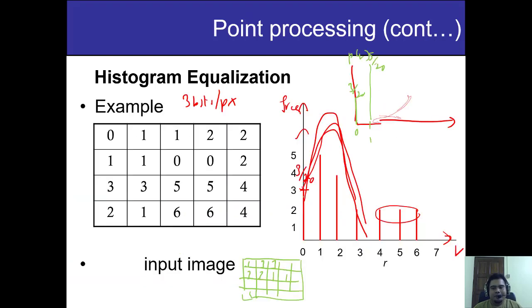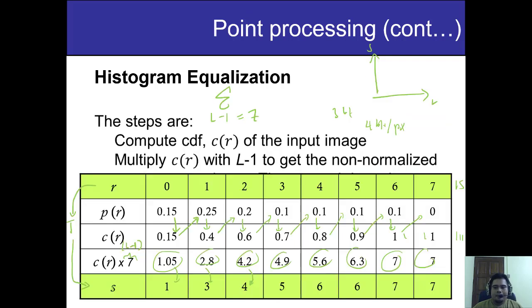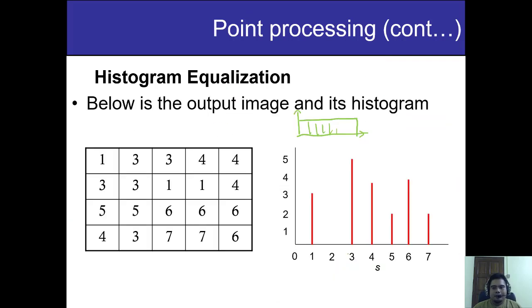The input image only occupies this side, which is the dark region, but now it covers a very wide range, meaning it occupies almost all intensity values of this 3-bit image. So this is how we compute histogram equalization by hand calculation. I hope you can get the process there.